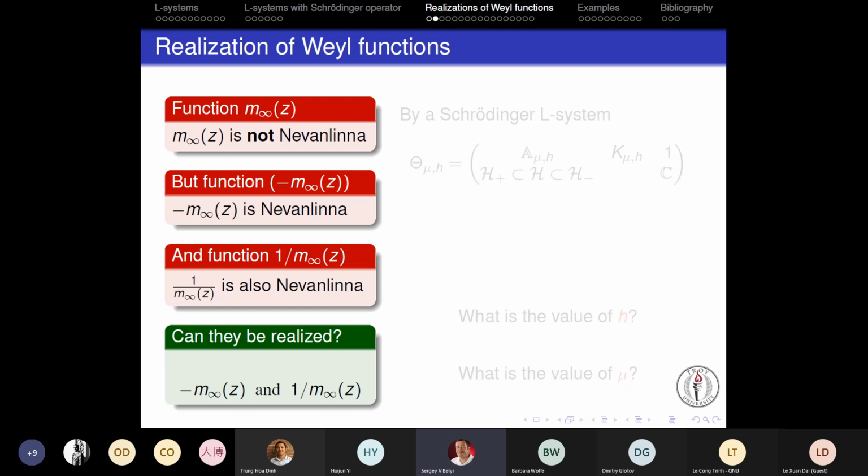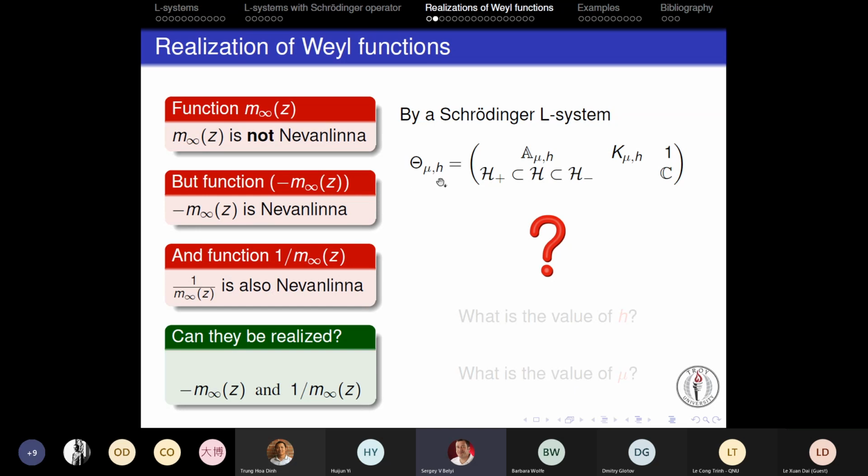After all, in order to create a realizing system, you just need to present an L system. Okay, and this is what we are going to do. So to be specific, we are trying to come up with a Schrodinger L system such that it has values of mu and h.